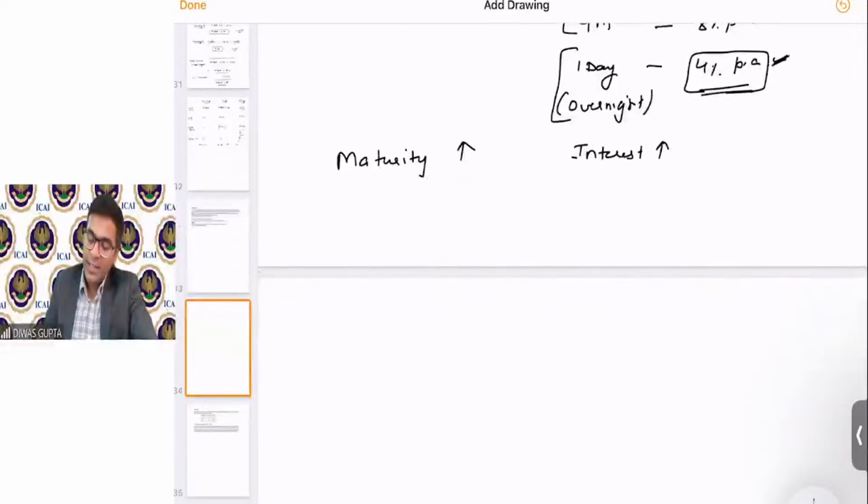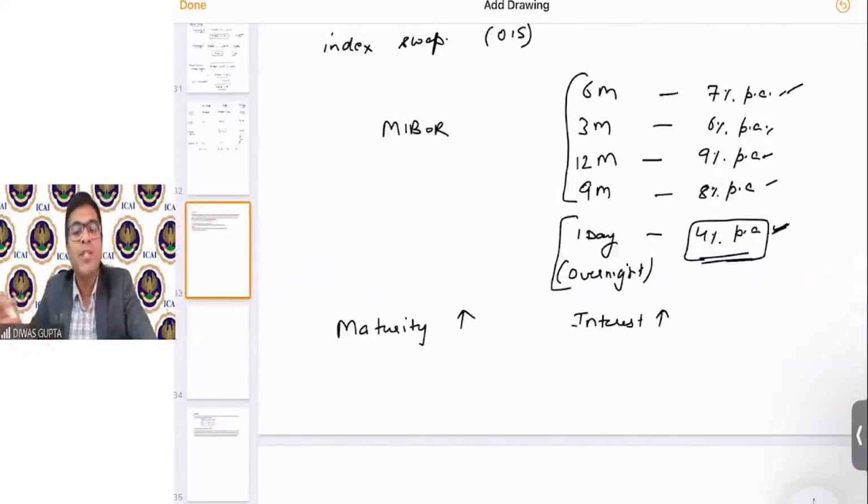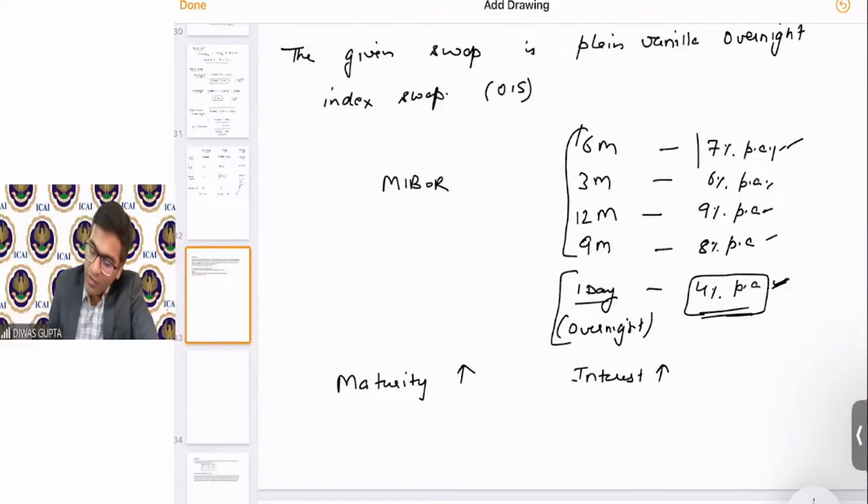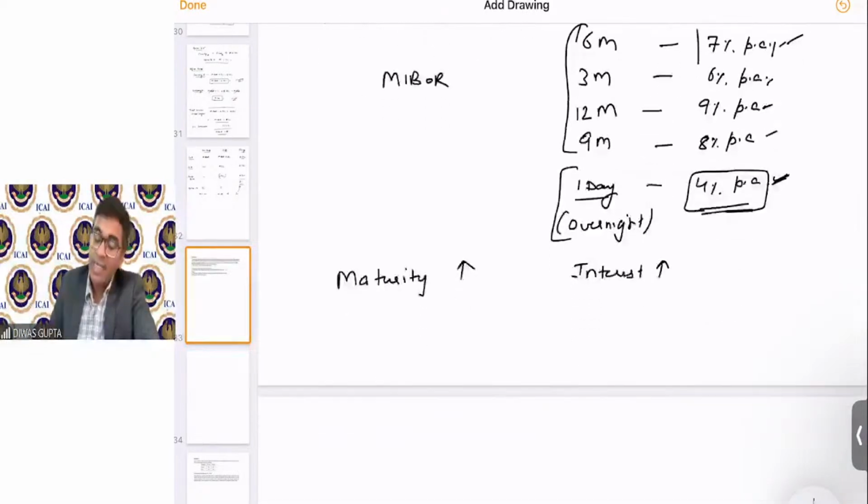So the overnight rate is denoted by, as I told you, these are all the MIBORs, right? MIBOR 6 month, MIBOR 3 month, MIBOR 12 month. In one of the questions, it was mentioned that the company agreed to receive MIBOR 6 month rate. That means they're talking about this. The quotation will be per annum, but 6 months means if you borrow for 6 months, then we will apply 7% per annum. Similarly, for one day, it is called the overnight index.